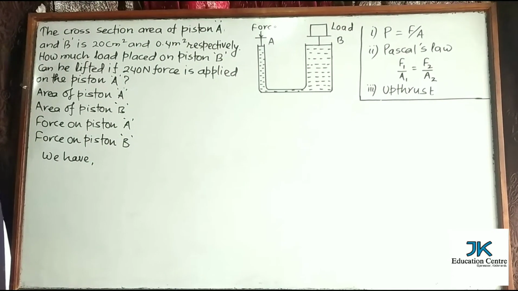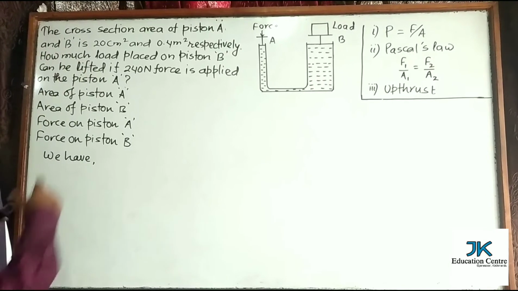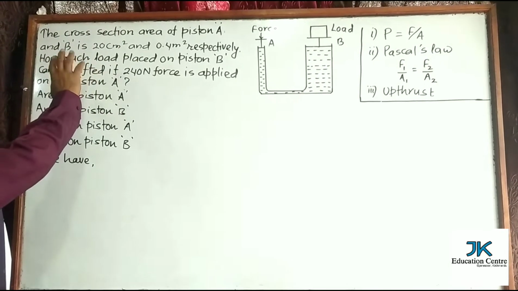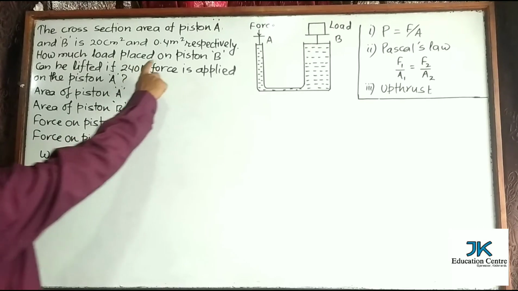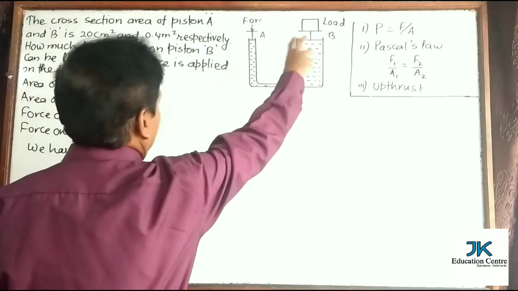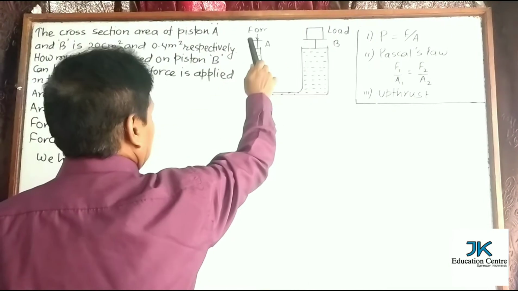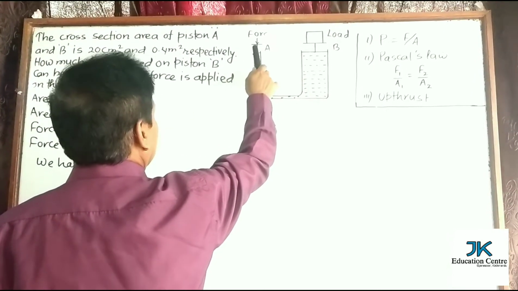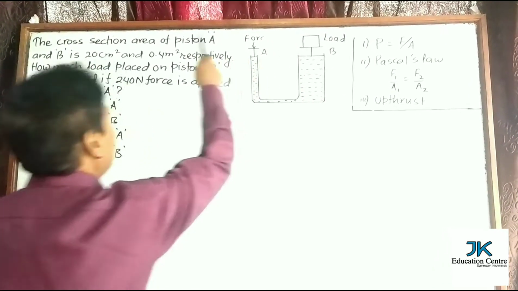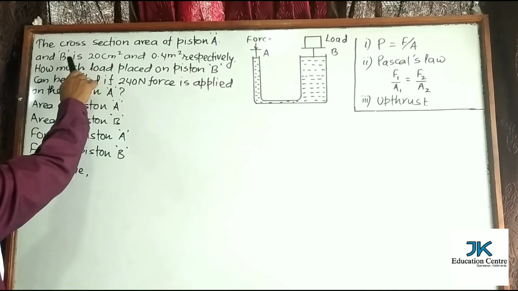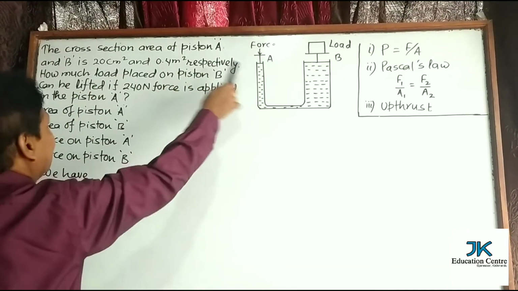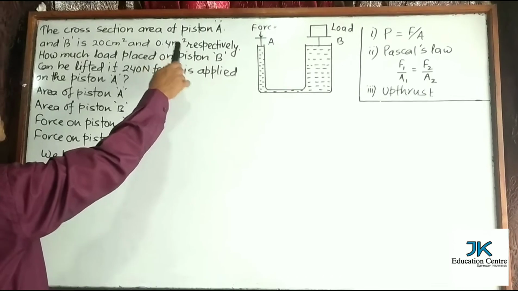Look at this. The cross-section areas of pistons A and B are 20 cm square and 0.4 meter square respectively. This is a hydraulic press and there are two pistons A and B, with cross-section areas given here: piston A 20 cm square and piston B 0.4 meter square.